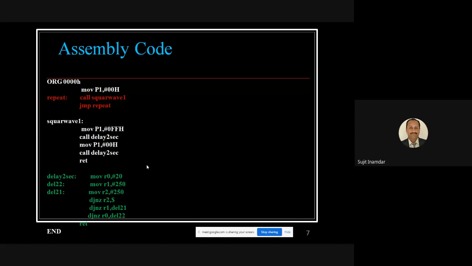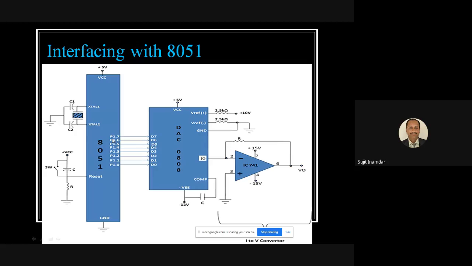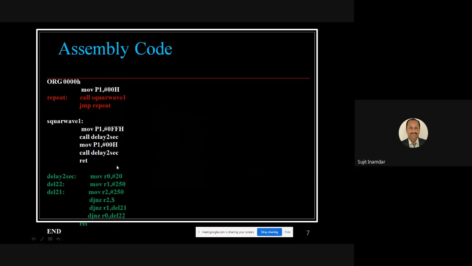You are habitual of that now. 00 means it is working as an output port, because here the digital input is going as a digital output, going to this particular digital input of the 0808. So it is working as an output, and this is how 00 has been configured.